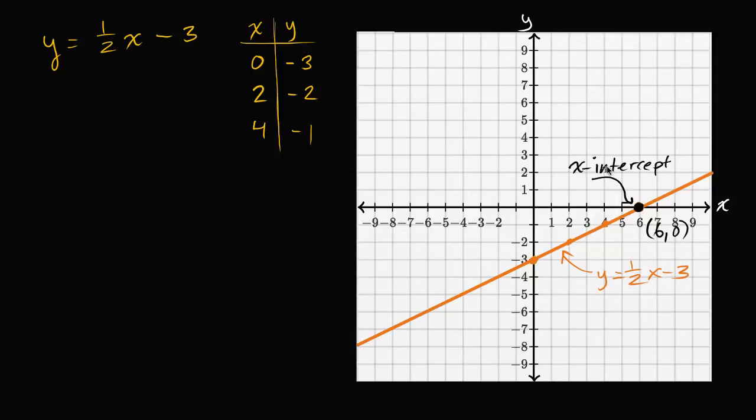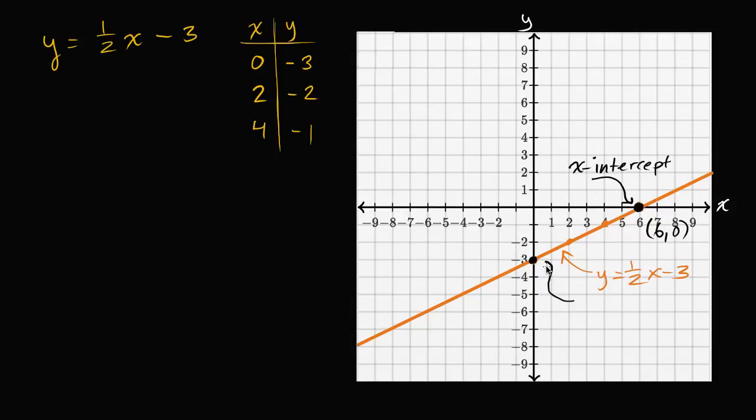Now it's very interesting. The x-intercept happens when y is equal to 0. Remember, you're on the x-axis when you haven't moved up or down from that axis, which means y is equal to 0. So your x-intercept happens at x equals 6, y equals 0. It's this coordinate. Now what about the y-intercept? Well, the y-intercept is this point right over here. This is where you intersect, or I guess you could say intercept, the y-axis.